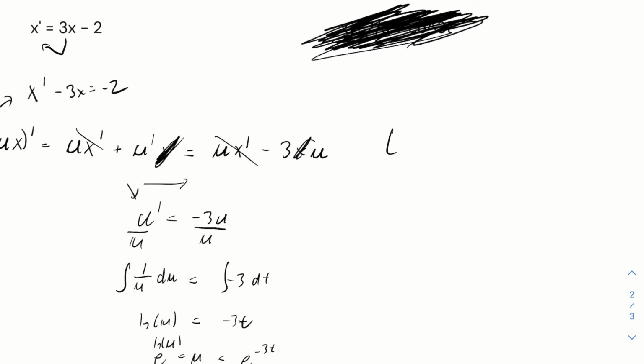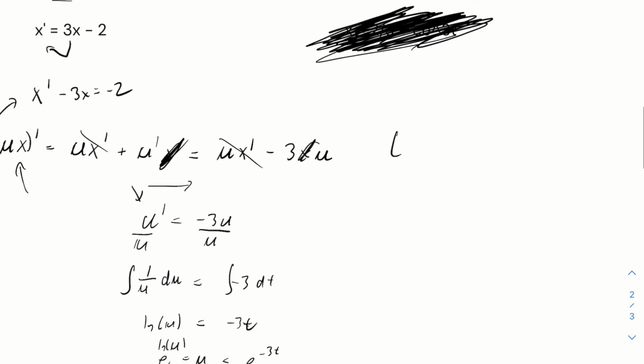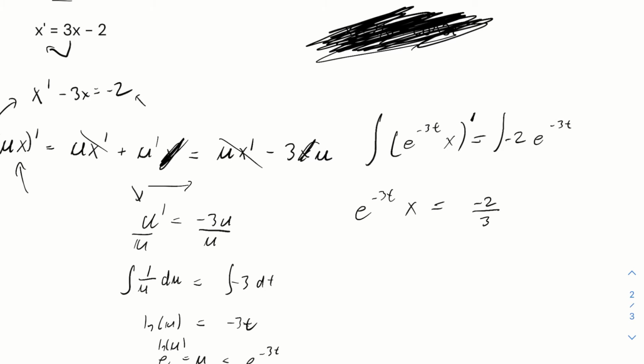So we just use what we set mu equal to. e to the negative 3t times x prime is going to be equal to what we got over here, negative 2 times mu, so e to the negative 3t. And so what we do naturally is integrate. We just get e to the negative 3t x on that side, and that's going to be 2/3 e to the negative 3t plus a constant.